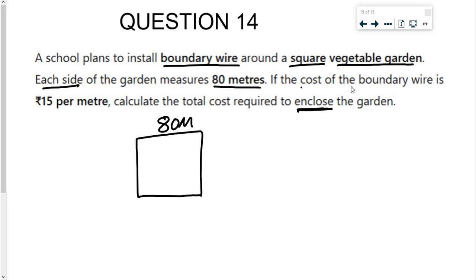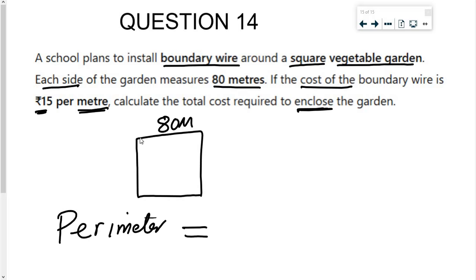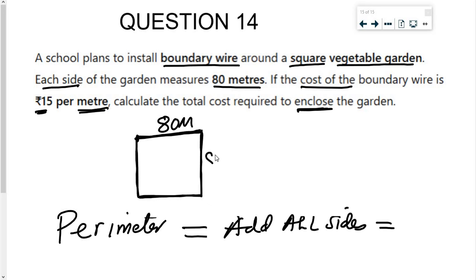And then the cost of the boundary wire is 15 rupees per meter. Per meter. So first calculate perimeter of this square vegetable garden, which will be 80 here, also this will be 80, also this will be 80, also this will be 80. Perimeter, add all sides, of which will be 80 plus 80 plus 80 plus 80.